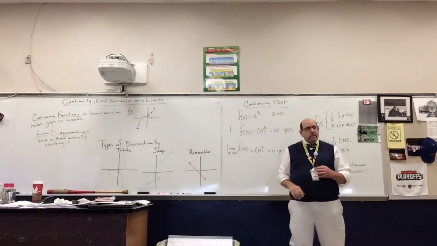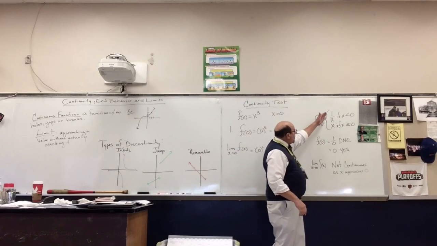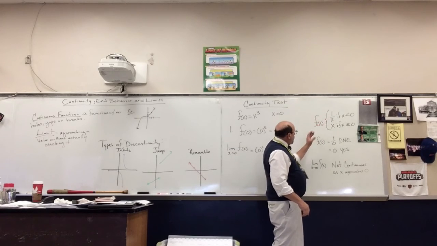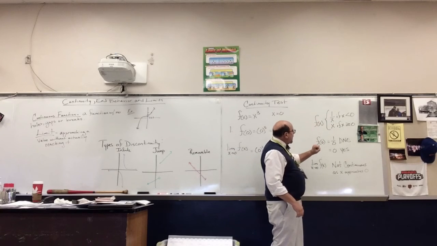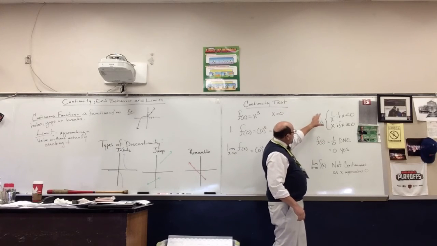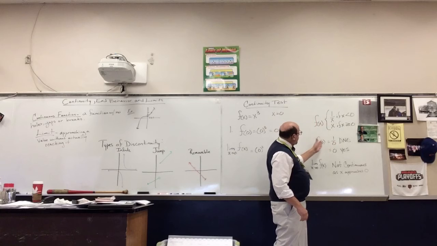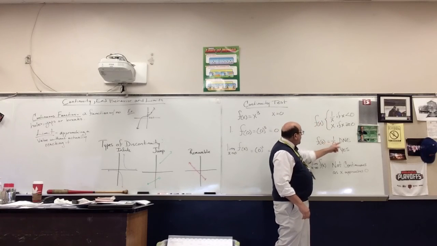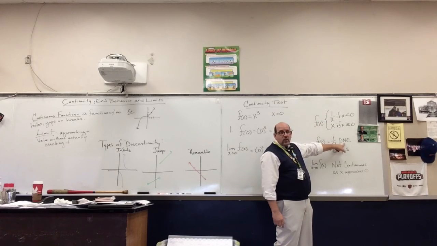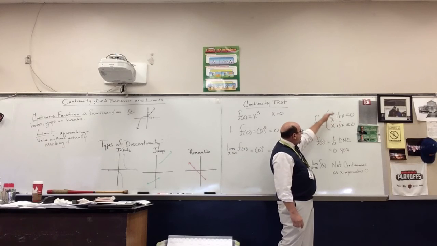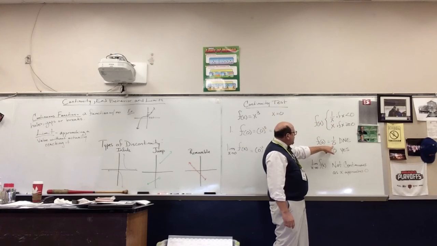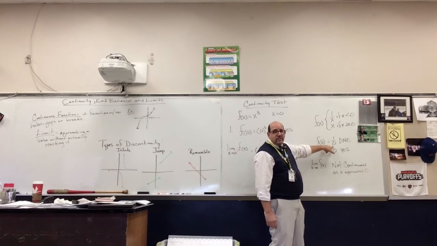But what if we have that piecewise function? What if we have this piecewise function, and we're going to do the same thing? So we say it's f of 0. We're going to plug in our 0 for x, and this does not exist. We're going to plug it in for both parts of our piecewise function to see if it's continuous at 0.